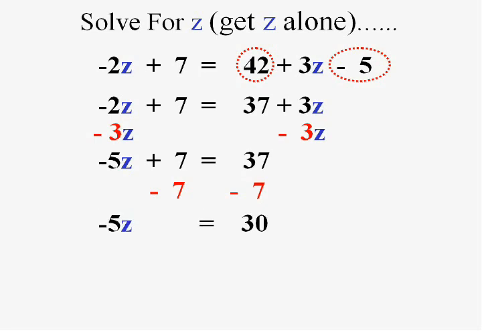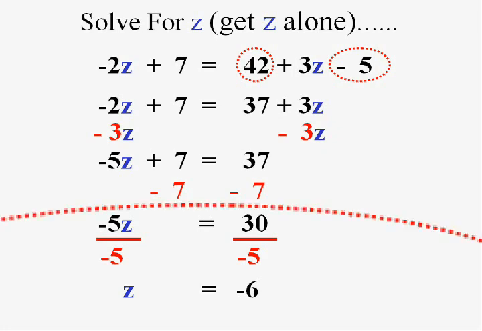Now all I have to do is get rid of the minus 5. Be careful here. There's not going to be a plus 5. That minus 5 is multiplying. So I divide to both sides. And I get, son of a gun, z equals negative 6. Recall that positive 30 divided by negative 5 is negative 6.